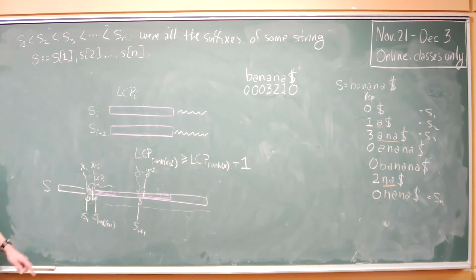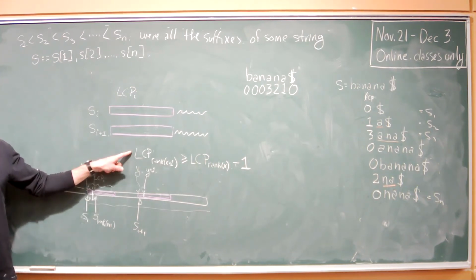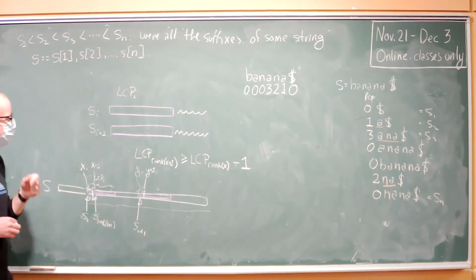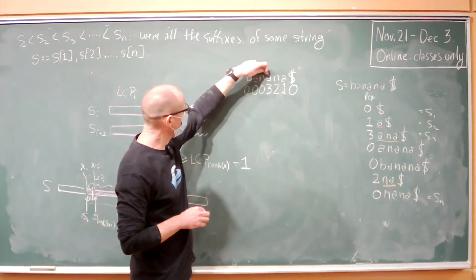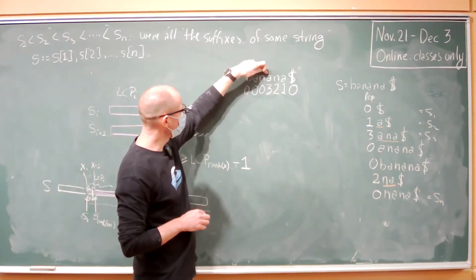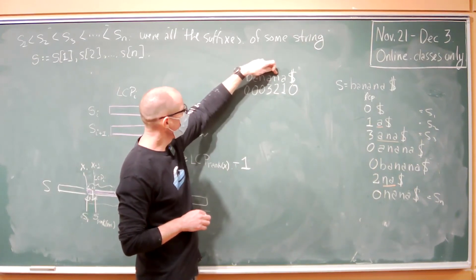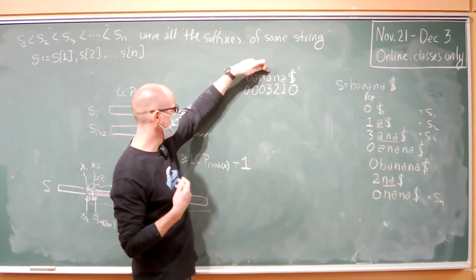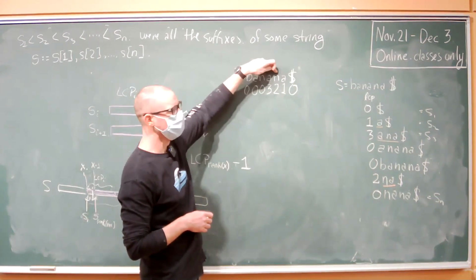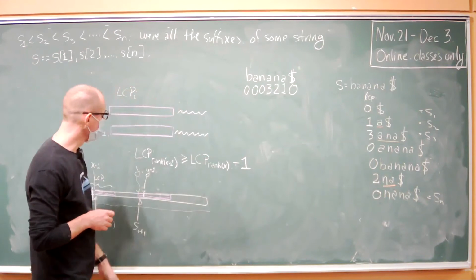All right. Now, the claim, though, was that it was equal. And if I look at this example here, it always is equal. The LCP of the string starting here at n is exactly 1 less than the one that starts here at a, and this one is exactly 1 less than the one that comes before it.